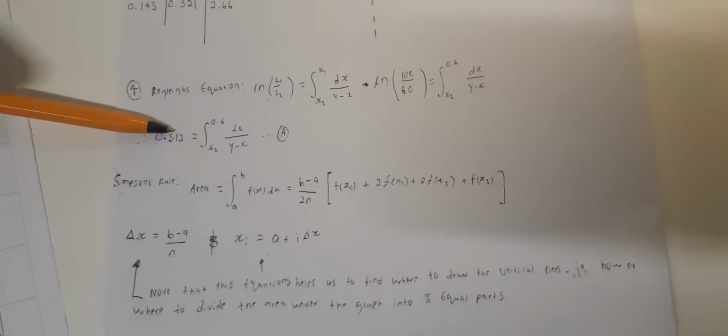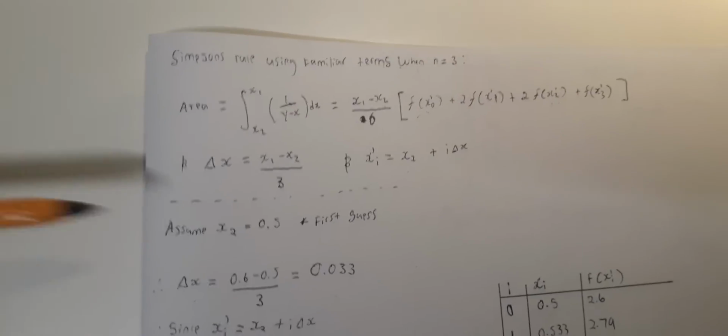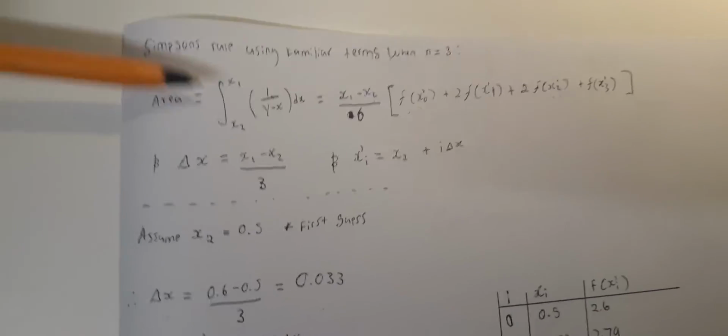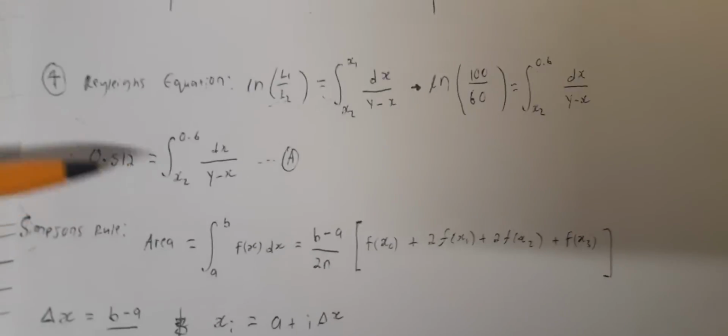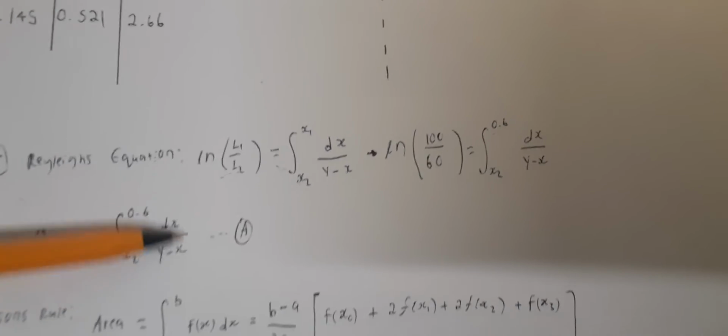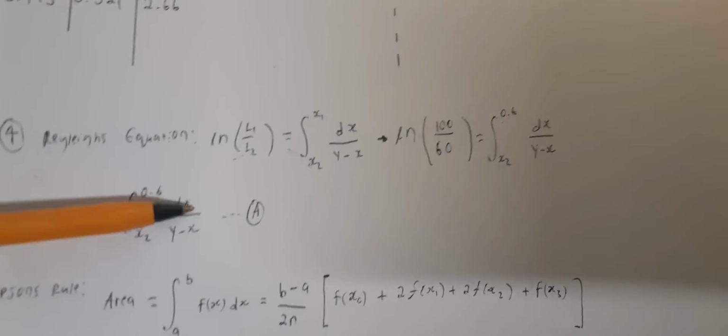What we did was to assume an x2 value of 0.5, meaning now if we assume it to be 0.5, this equation ends up being 0.6 to 0.5 here, and then we find the area under this curve assuming that x2 is 0.5.